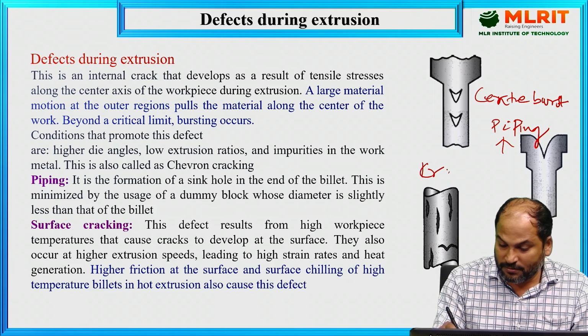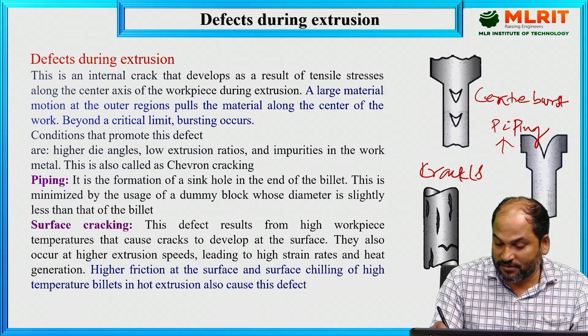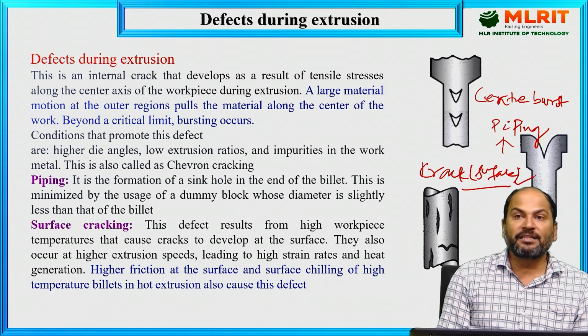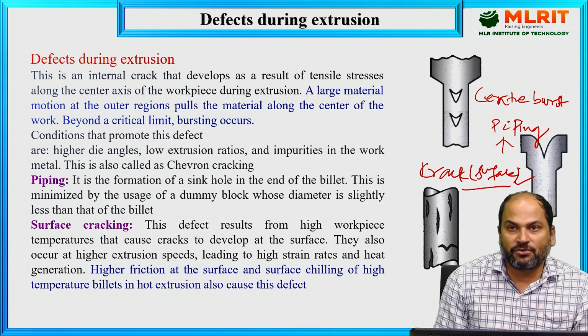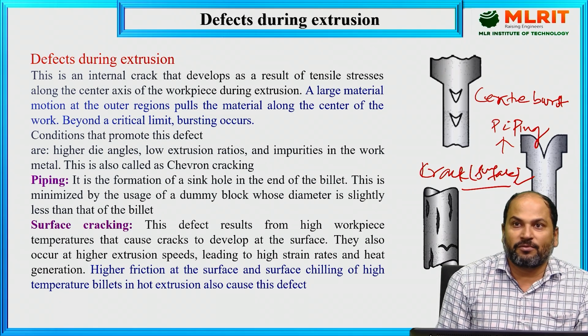Obviously it is at the surface, so this is surface crack. So these are the three defects which are generally encountered during an extrusion process, or which are generally found in an extrusion process.